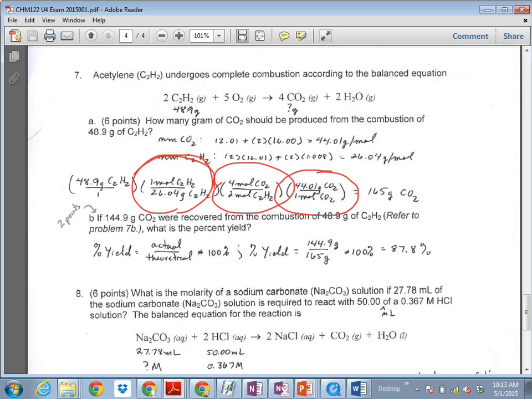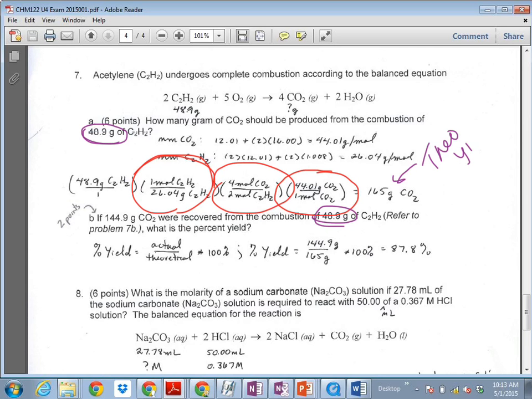For B, it kind of piggybacks on A, and some of you maybe recognize it, some of you didn't. But basically it's saying, what if we had that same mass of C2H4, okay? The beauty of that same mass means that actually this up here was then a theoretical yield.